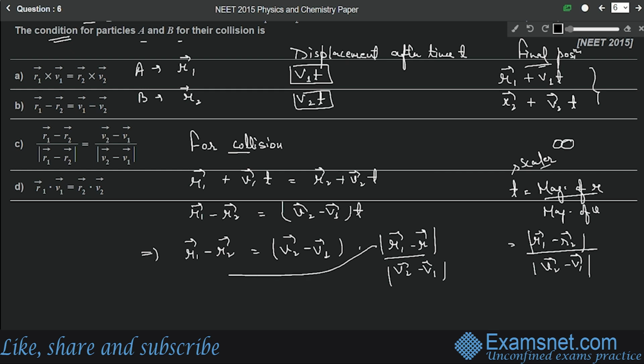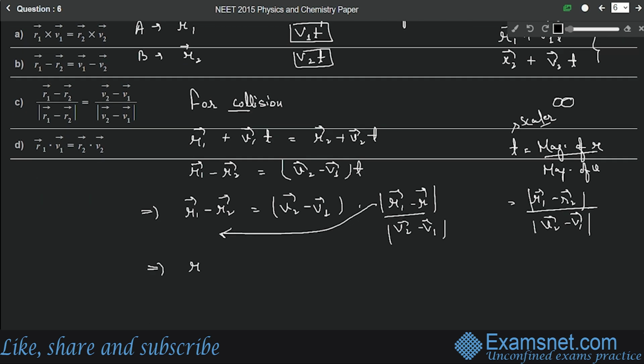If we bring this side, vector r1 minus vector r2 on the left hand side, then we'll get vector r1 minus vector r2 upon magnitude of vector r1 minus vector r2, and this side we get vector v2 minus vector v1 upon magnitude of v2 minus v1. Okay, so this is the condition for collision to take place, and this is given in option number C, third option, right? So option C will be the correct answer.